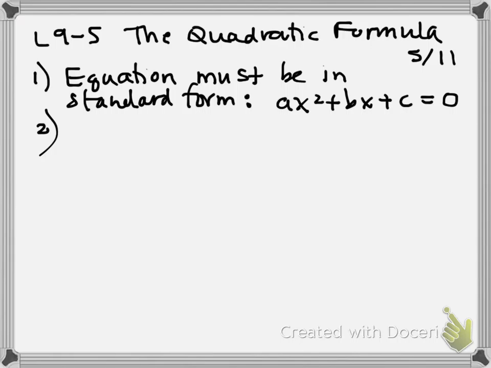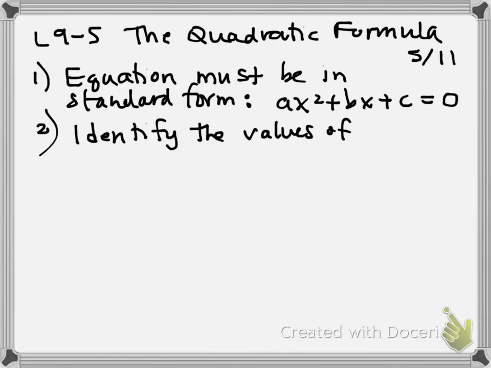If your equation is not in standard form, your a, b, and c may be in mixed up order. So that's why you have to make sure that your equation must be in standard form. Then you're going to identify the values of a, b, and c.